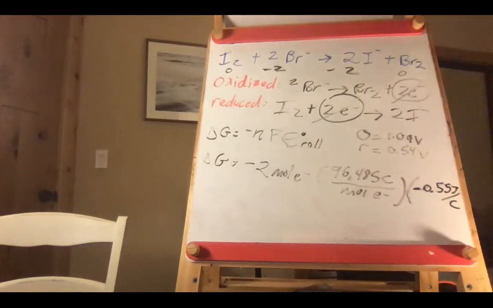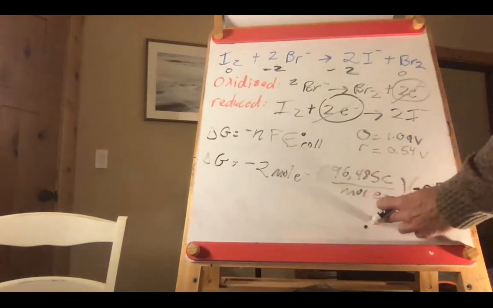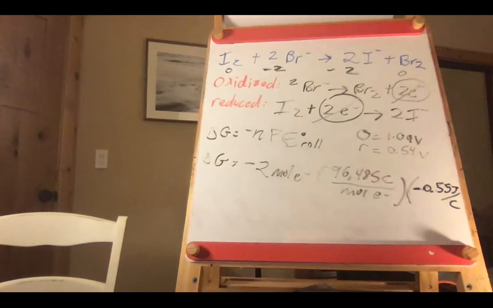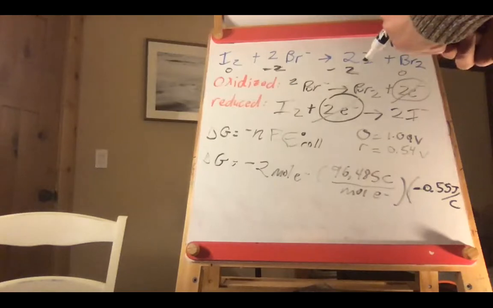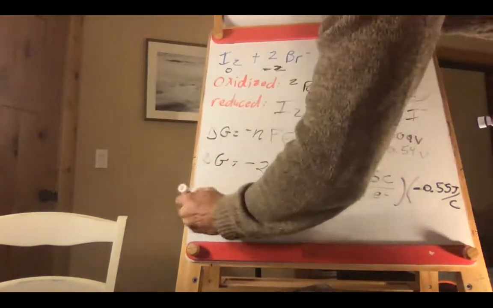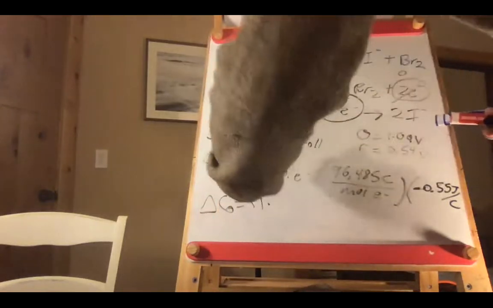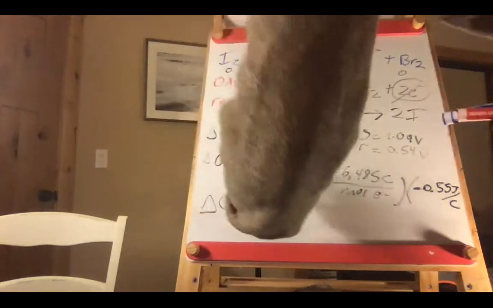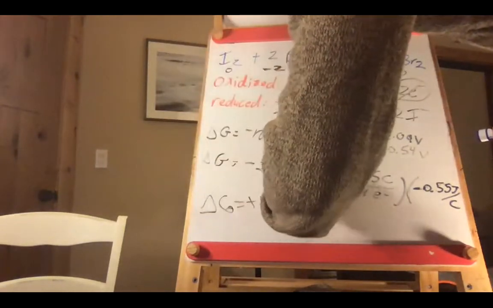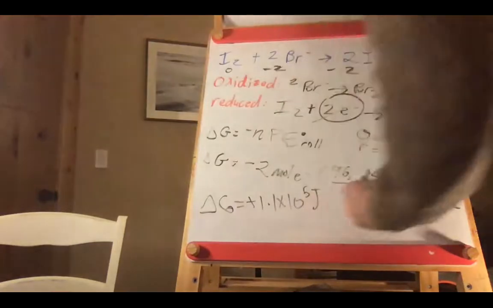Joules per coulomb. All right. So -2 times our F constant, 96,485 coulombs per mole of electrons, times the difference in our cell potential values that we looked up, and all of that should equal delta G, a positive 1.1 times 10 to the 5th joules. Why joules?